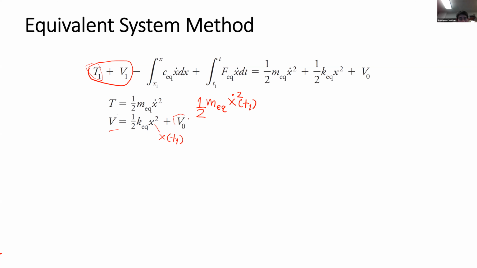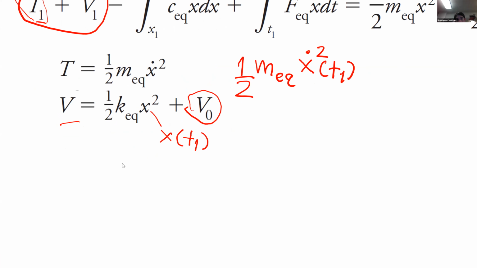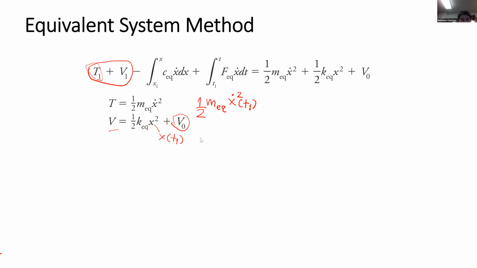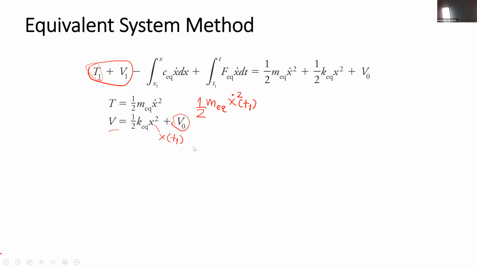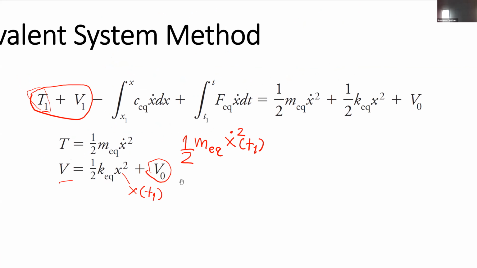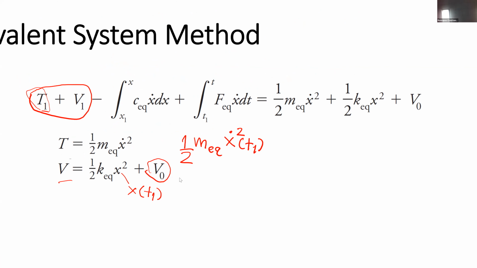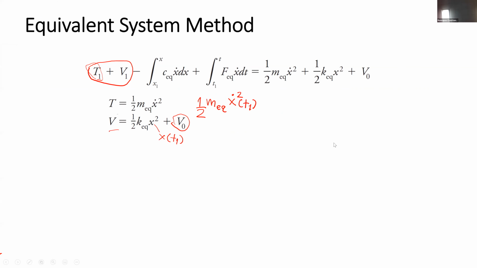And there can be another source of potential energy, it may be m g h at the initial state. V0 can be something like m g h at T1.